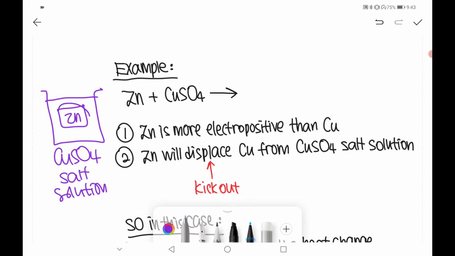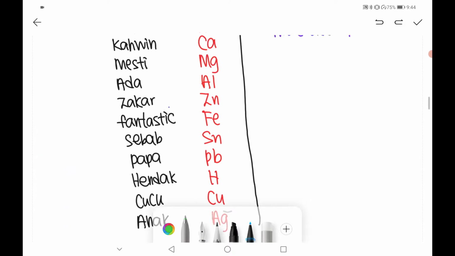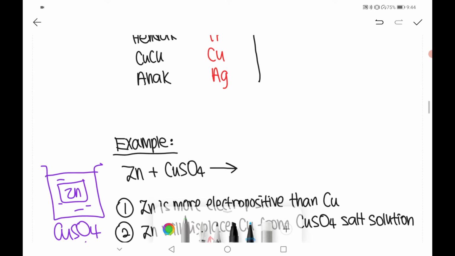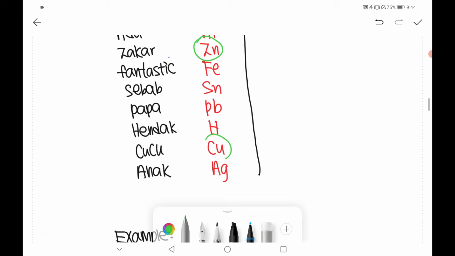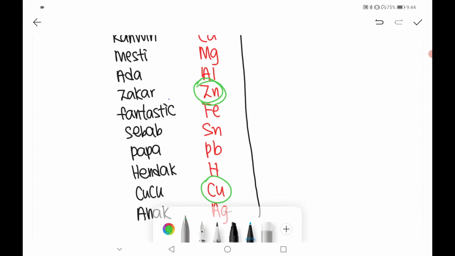So we put zinc in a salt solution called copper sulfate. If you look at your ECS, you can see that zinc is here and copper is here. As you can see, zinc is higher than copper in the ECS, right?